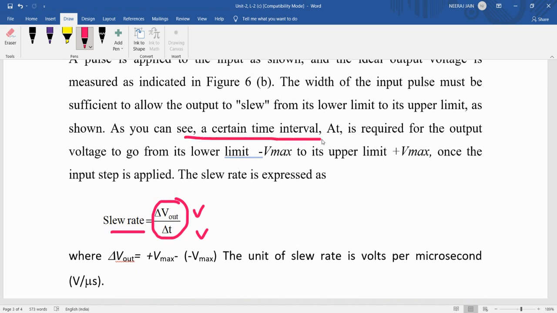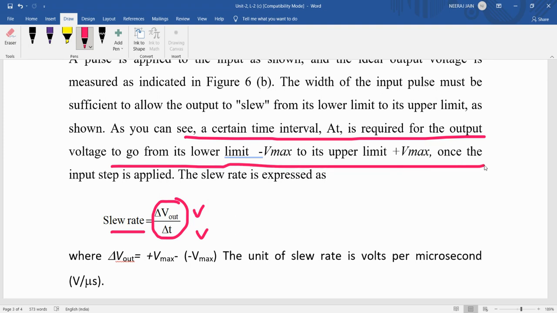As we can see, it takes a certain time interval for the output voltage to grow from its lower value, minus V maximum, to its upper limit, plus V maximum, once the input step is applied.